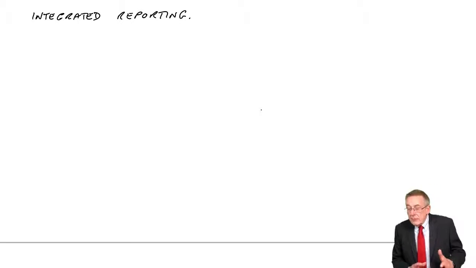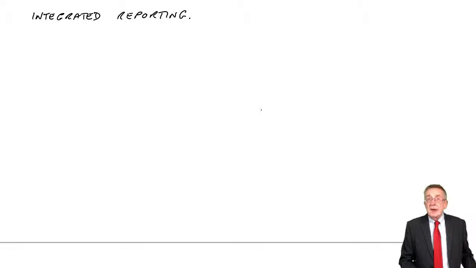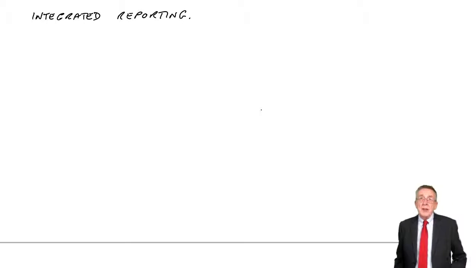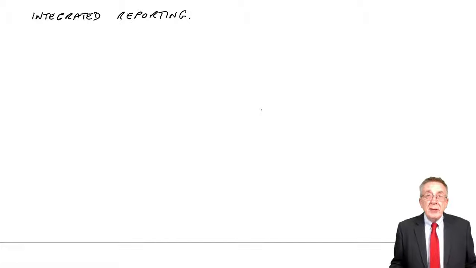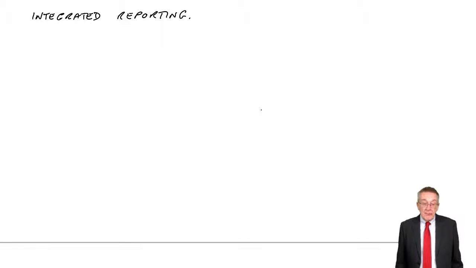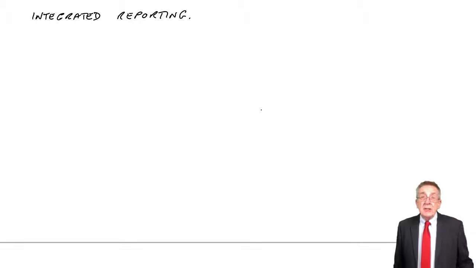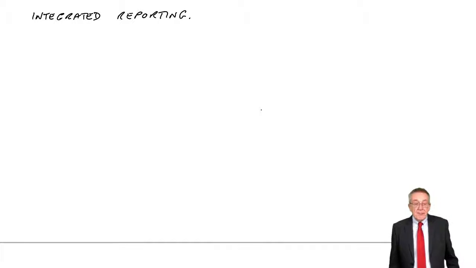So we still give these standard financial statements, but give this extra information: how are they going to make value in the future, and not purely financial information? There's been lots written about this. You don't need any great detail, you just need an awareness.